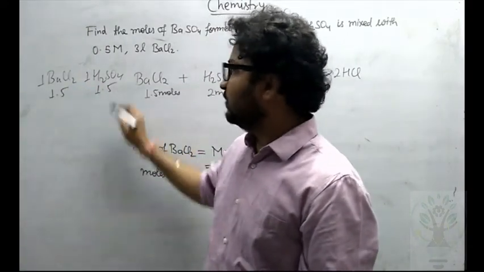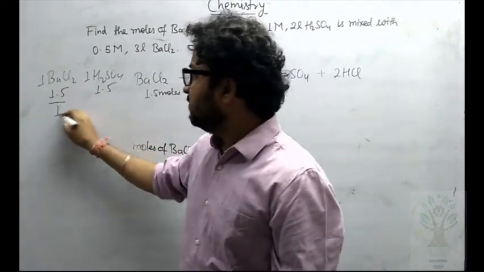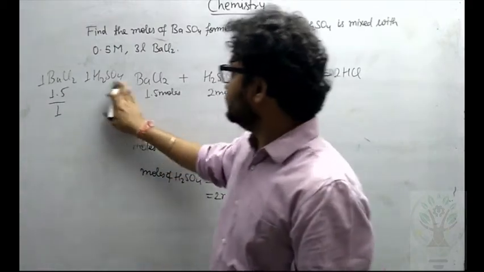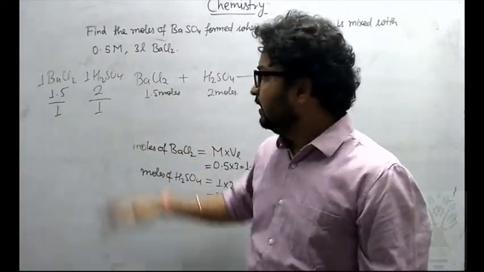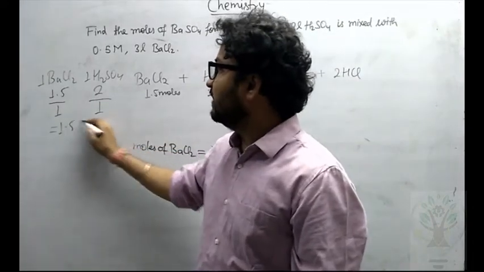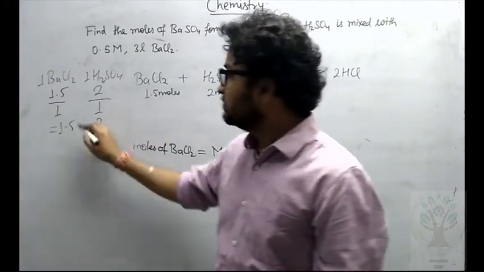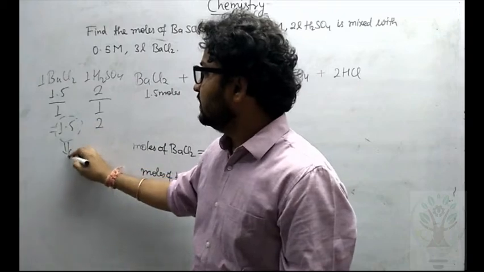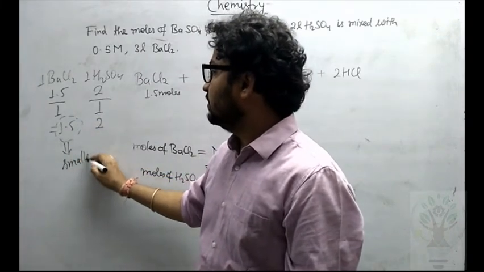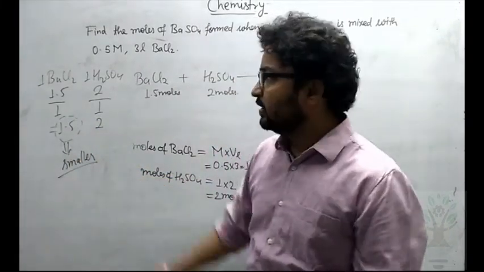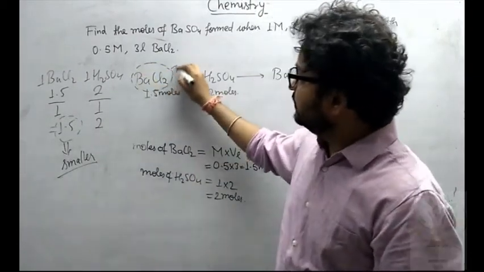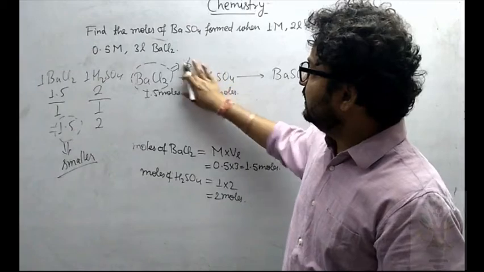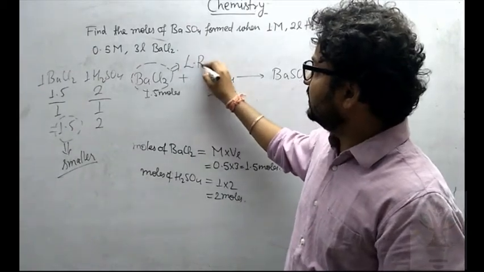And here, sorry, H2SO4 moles I have 2. So let's divide 1.5 by 1 and 2 by 1. I get 1.5 here and 2 here. Which one is smaller? This one is smaller. Since this is smaller, who will become the limiting reagent? BaCl2.